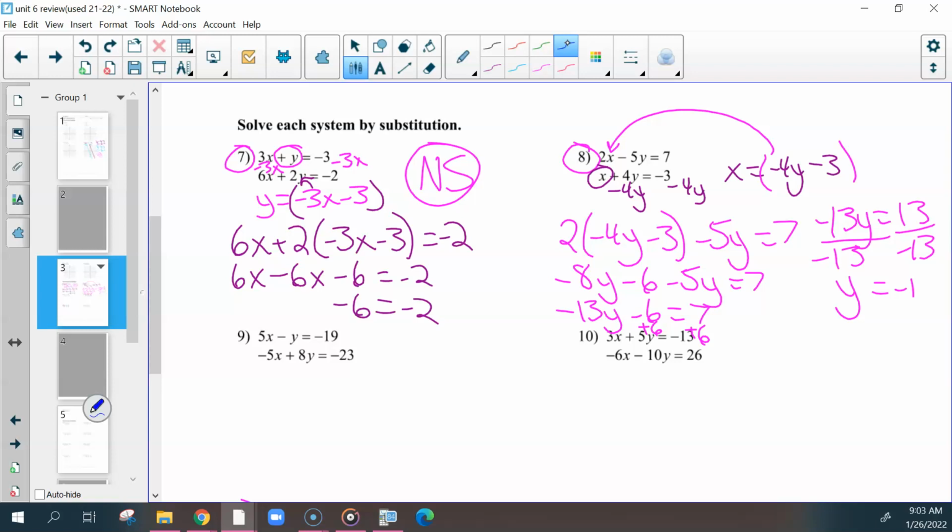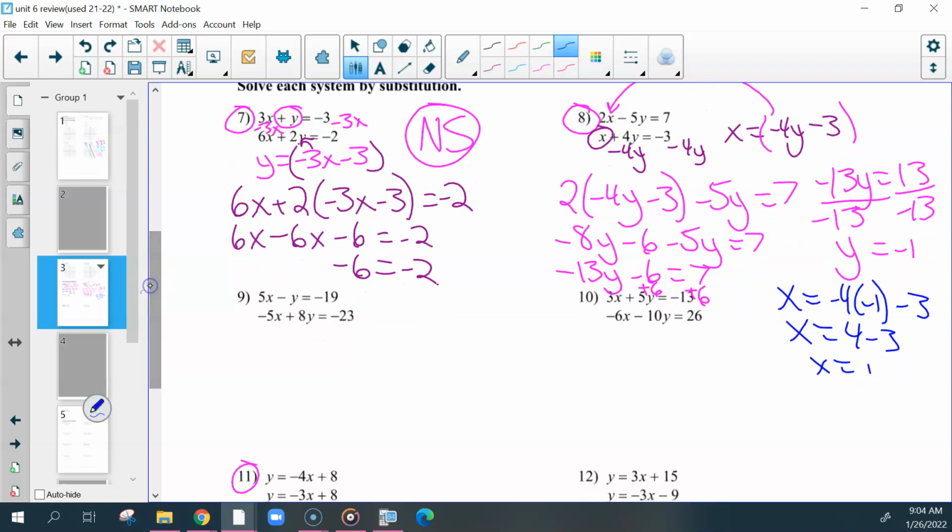After you find one of them, you need to go back and find the other. So we found y, we need to go back and find x. So we can put this value in for x. X equals negative 4 times negative 1 minus 3. That would give us positive 4 minus 3, or 1.